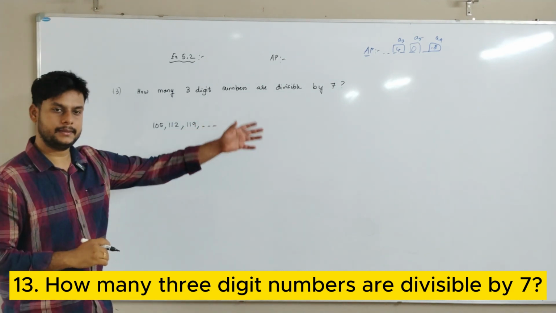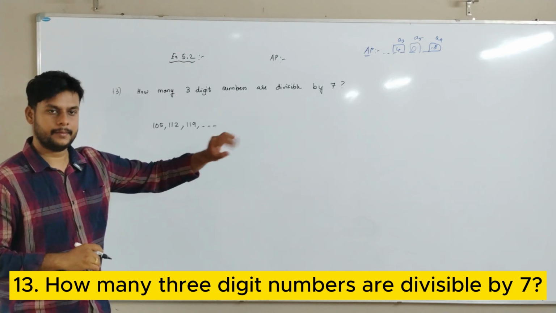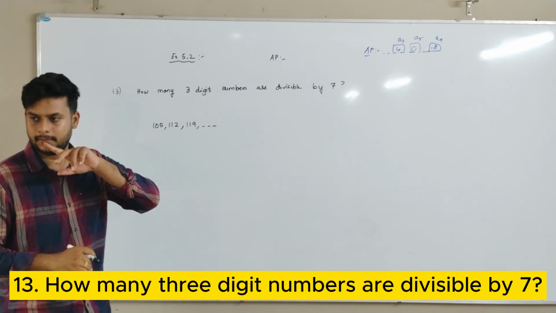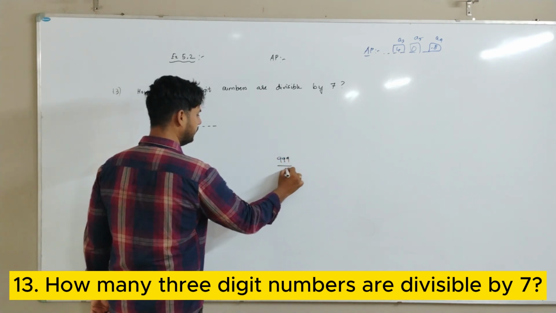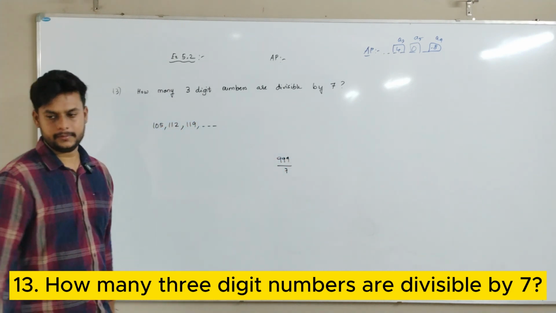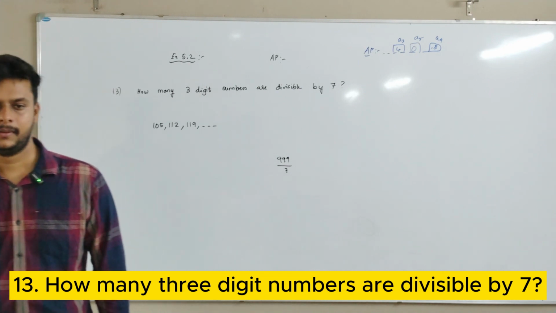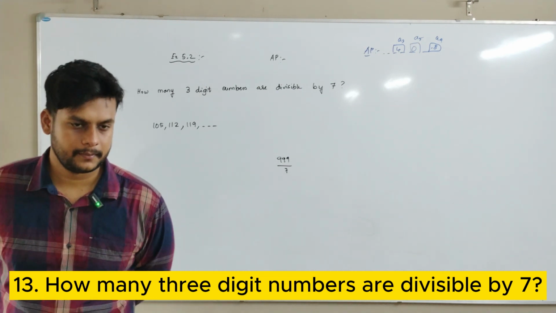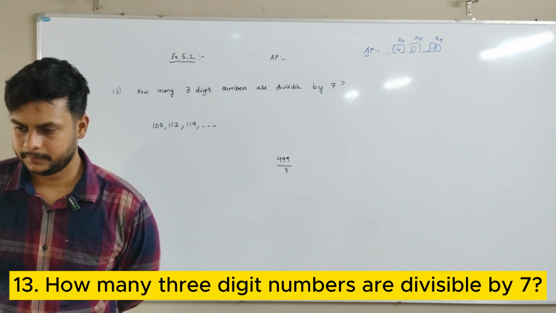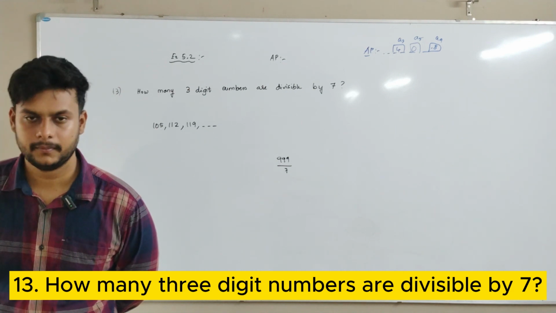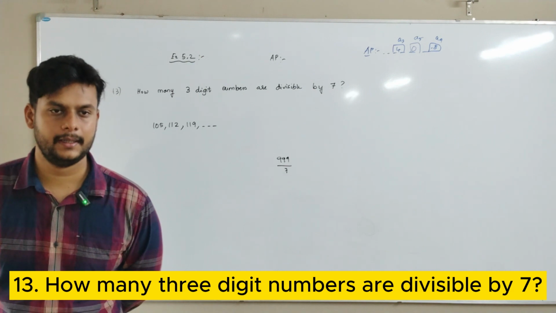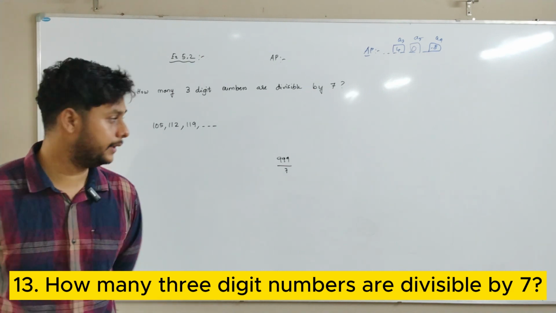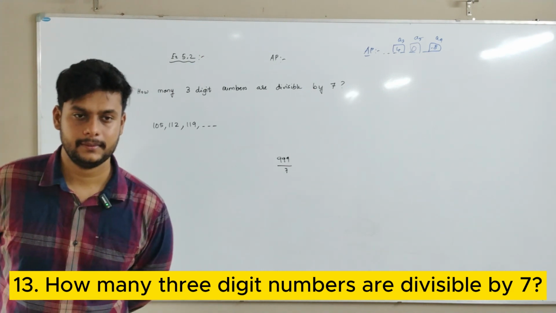And what is the last 3-digit number? Is 999 divisible by 7? Divide 999 by 7 and tell me whether it is divisible or not. Be quick. Tell me which is the last 3-digit number. 995, 996, 997, 998, 999, 994.